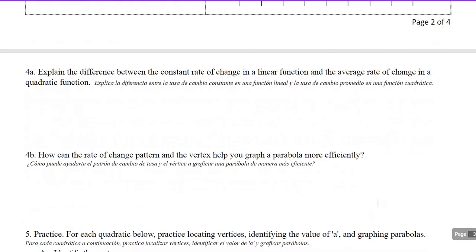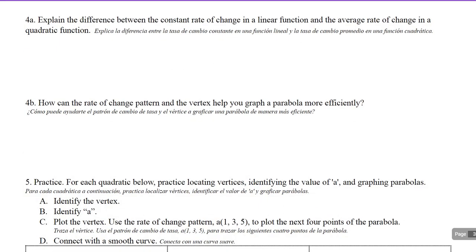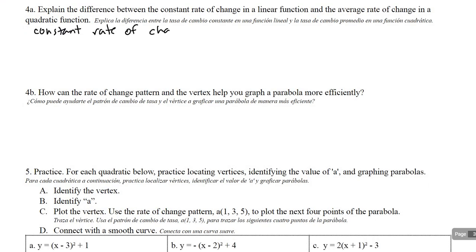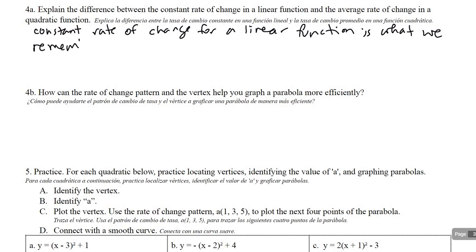Continuing. 4a. Let's explain the difference between the constant rate of change in a linear function and the average rate of change for a linear function is what we remember as slope. y1 minus y2 over x1 minus x2.